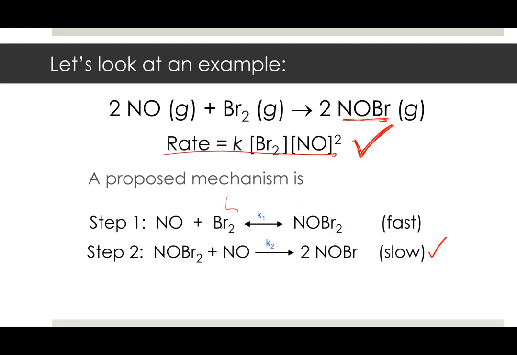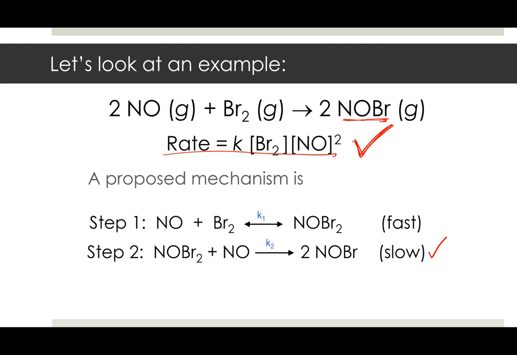So because this second step takes a while, this guy is going to start to decompose back into where it came from, okay? So a dynamic equilibrium, the rate of the forward reaction equals the rate of the reverse reaction, and we'll see why this is handy to know in just a minute.